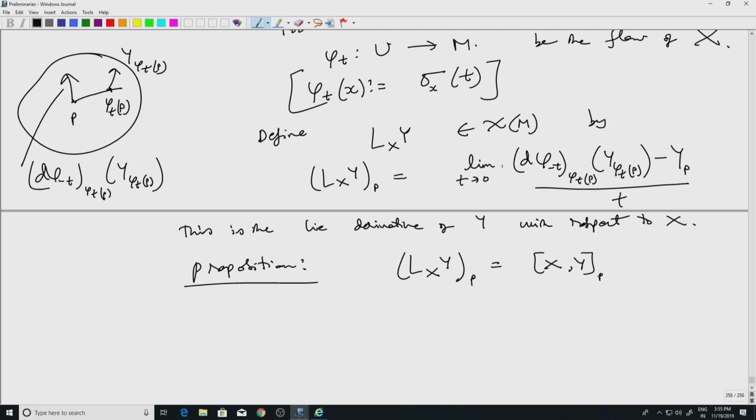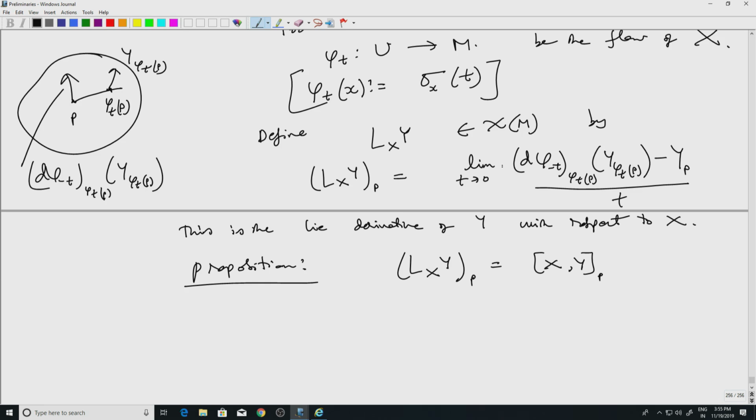So that's also reflected in things which are obvious for the Lie bracket but not so obvious for the Lie derivative if we don't have this equality. For instance, the fact that the Lie bracket is antisymmetric is not clear at all in the context of the Lie derivative, that L_X Y equals minus L_Y X. If we have this equality, then it becomes clear.